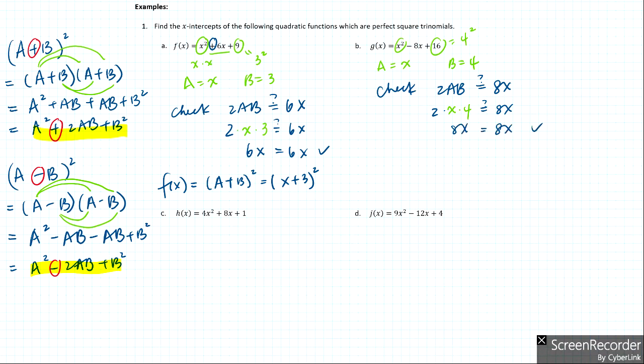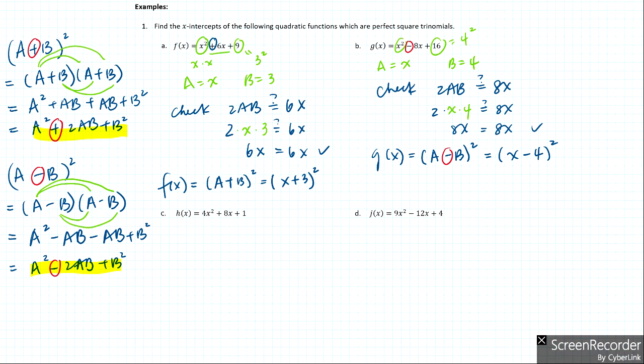And then we get g of x is equal to, in this case, (a minus b) squared. And remember, it's a minus because we had a minus in front of the linear term, the middle term. And then a we said was x, minus b we said was 4, squared. And that's going to be the factored form.